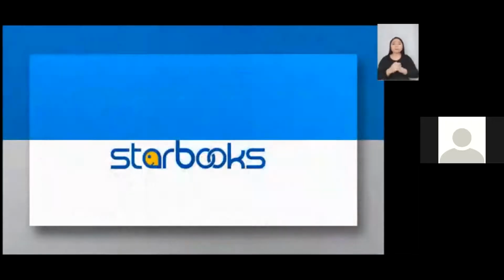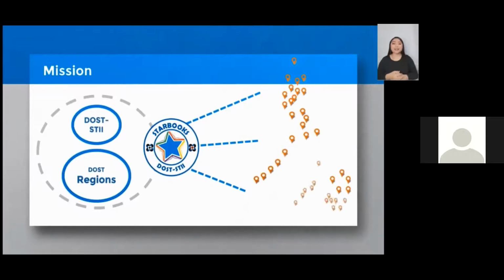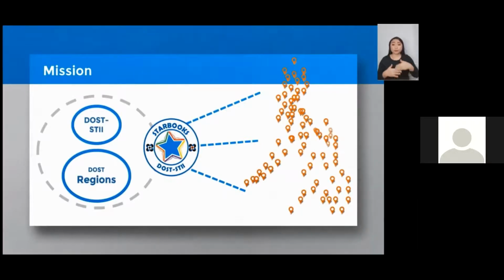Alright. So, nasaan na po or ano na po ang narating ni Starbucks ngayon? Di ba sabi nga natin, we want to reach those information seekers. So we partnered with our regional offices to reach mula Batanes hanggang Tawi-Tawi.